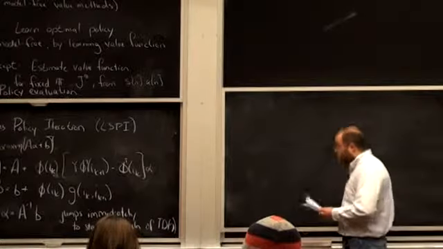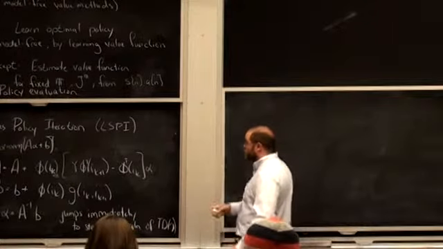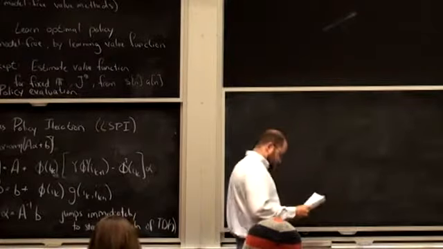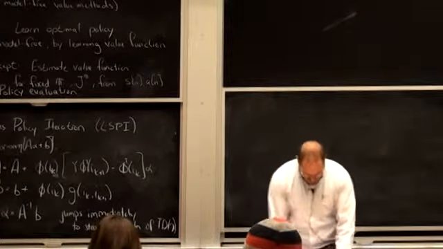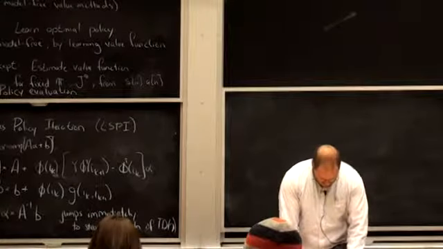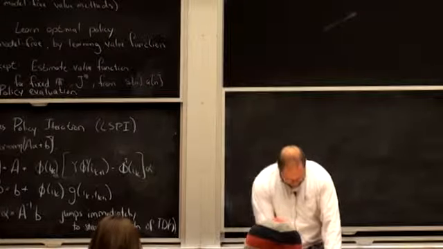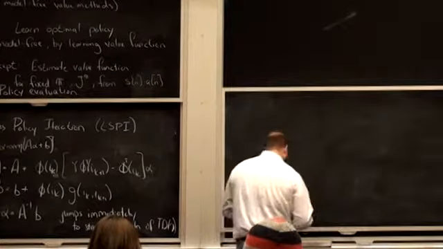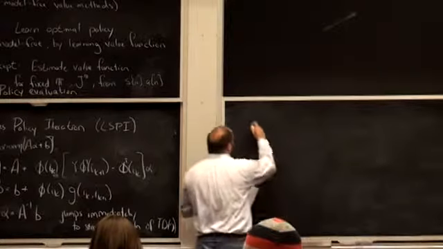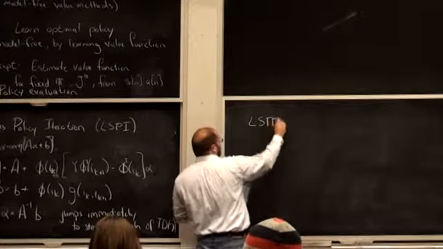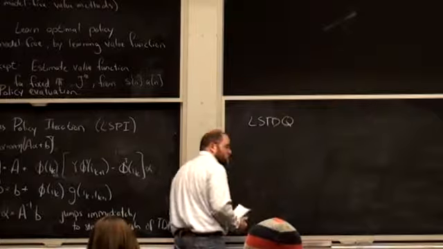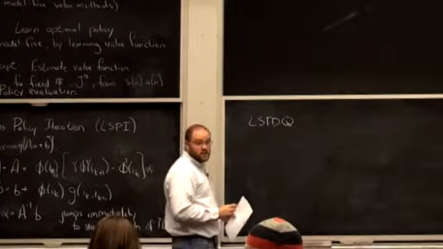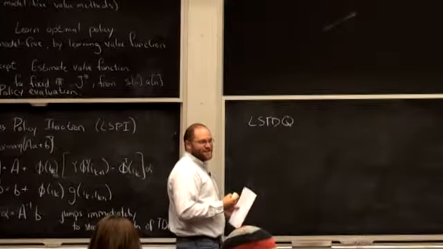So in order to do control, not just evaluate a single policy, but actually try to find the optimal policy, the first thing we have to do is figure out how to do LSTD on a Q function. And it turns out, it's no harder.